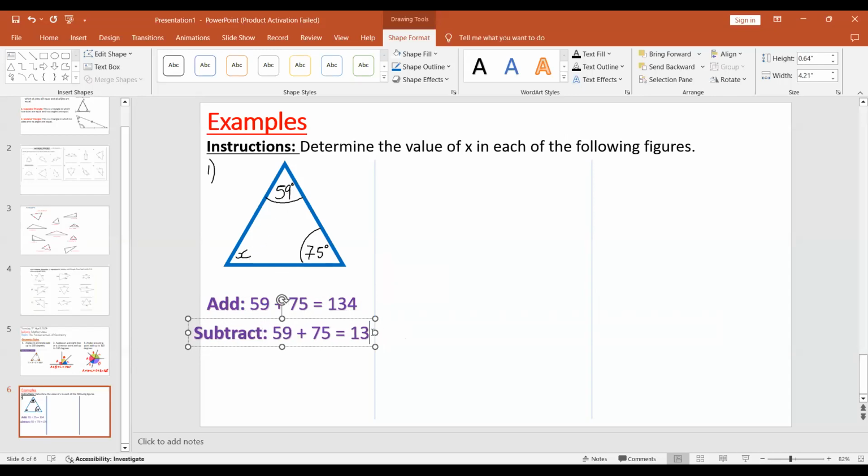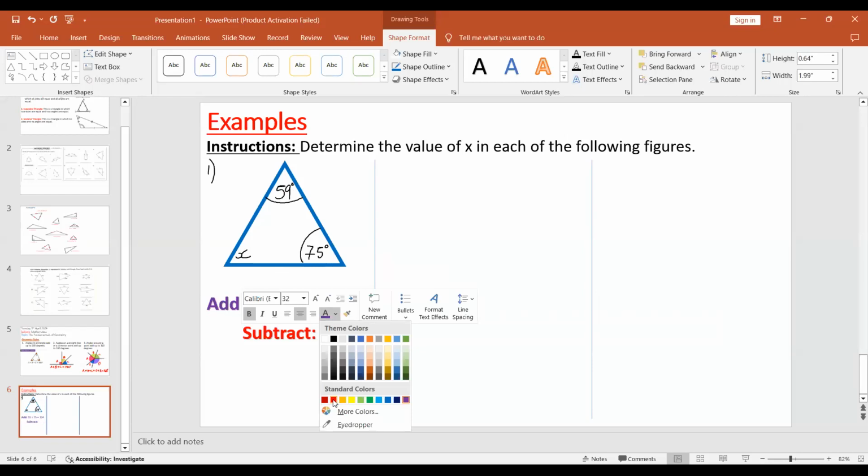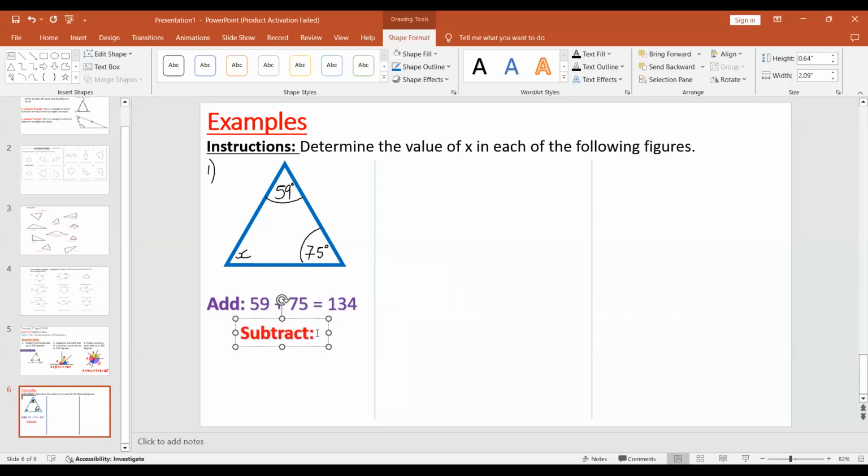So we're going to subtract here: 180 minus 134 degrees. That's going to be equal to 46. 180 minus 134 is 46 indeed.